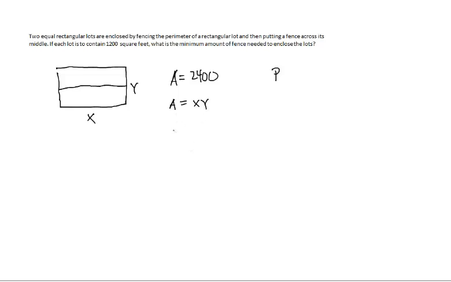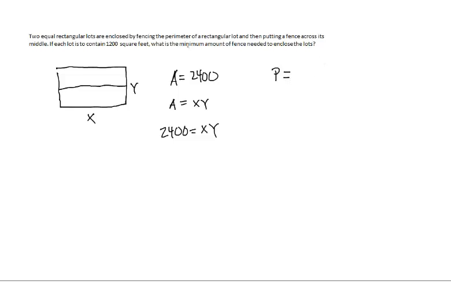So now we can put these two together and say that area, or 2,400, is equal to x times y. Now we're not trying to maximize or minimize area, so we're not going to take the derivative of this function. We're going to use this function as a substitution so we can get the perimeter with respect to one variable.